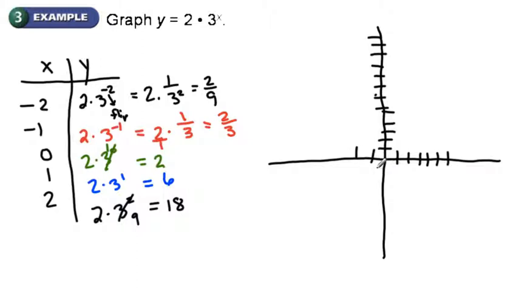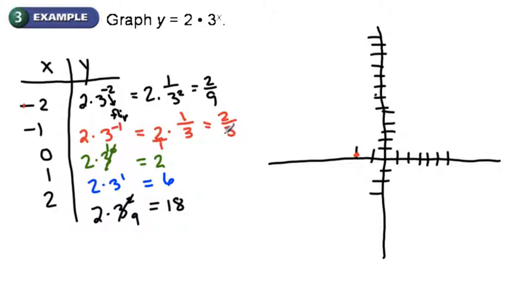I was hoping I could, but I didn't. All right, so we have -2, 2 ninths. So this is -2, and 2 ninths is like, if I'm not mistaken, 0.22. So that's going to be right about there. It's going to be above the x-axis, but not by a whole lot.